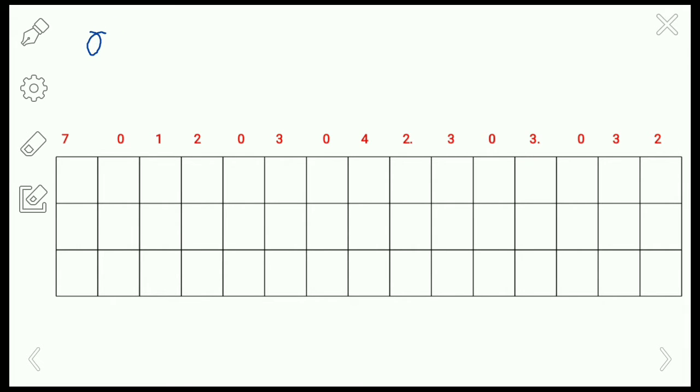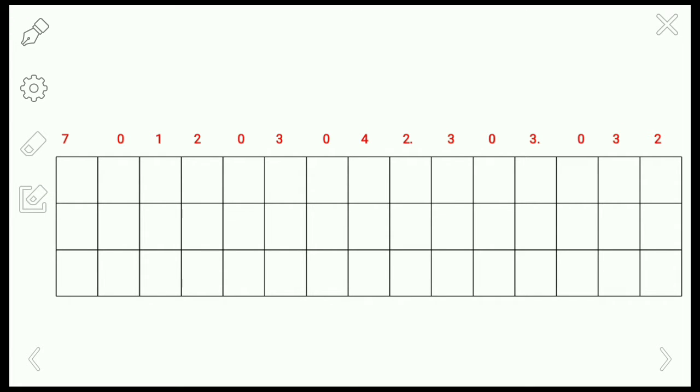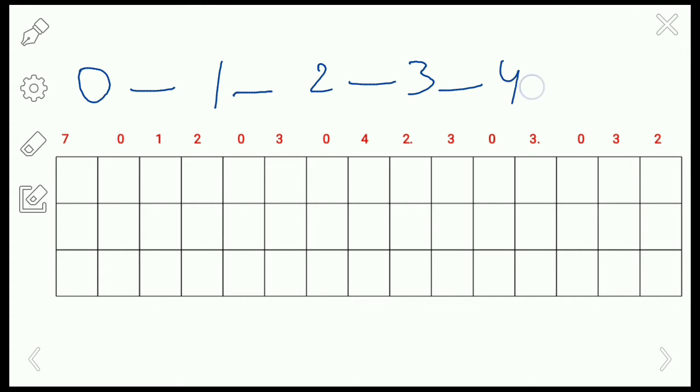For each and every one we are going to maintain a separate counter: 0 1 2 3 4 and 7, right?